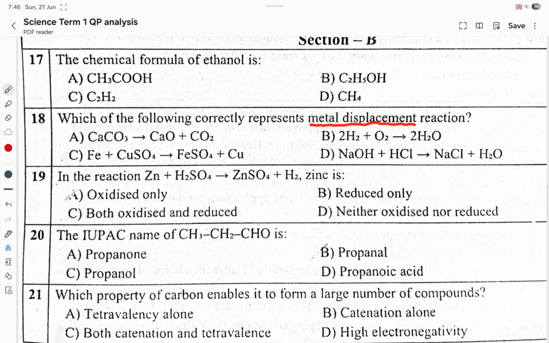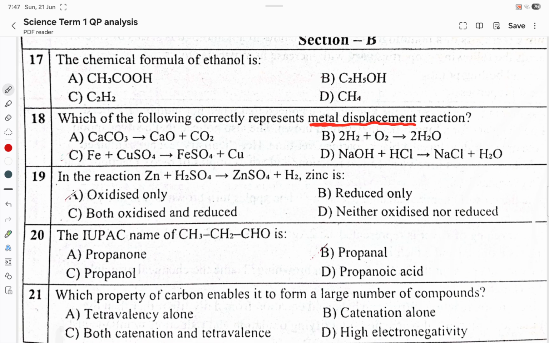Here, metal is moving some other element. That means a reaction in which a highly reactive element displaces a less reactive element from its compound. That's called a metal displacement reaction.